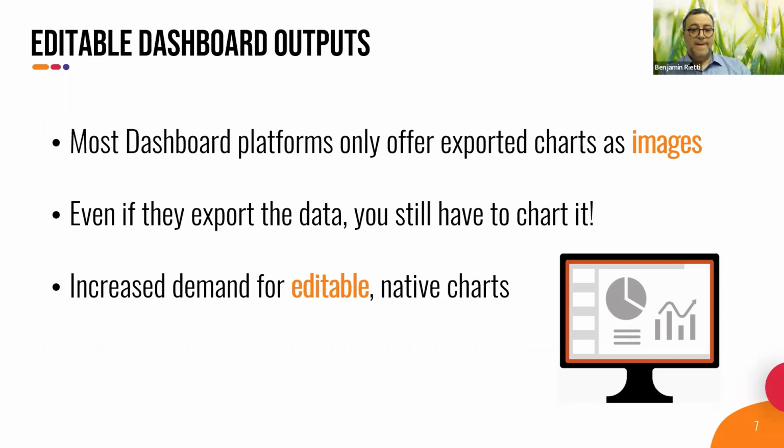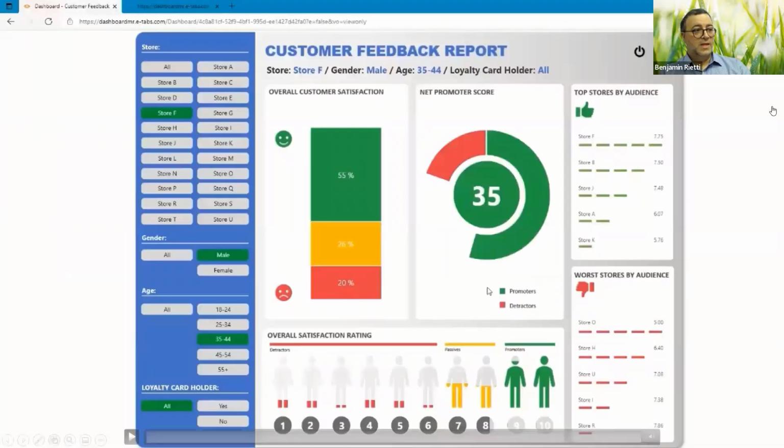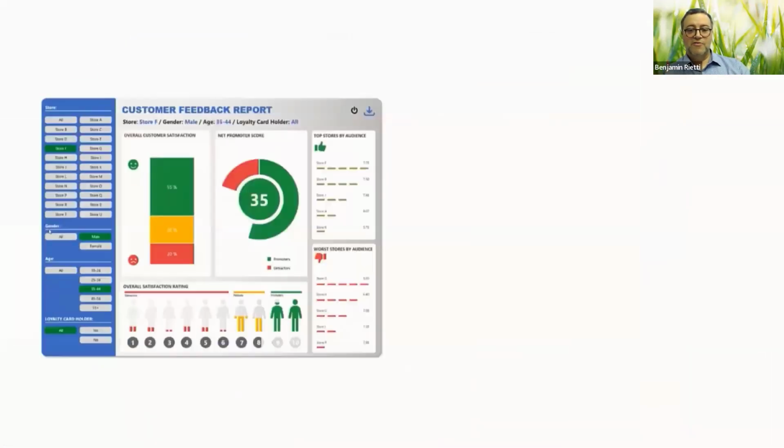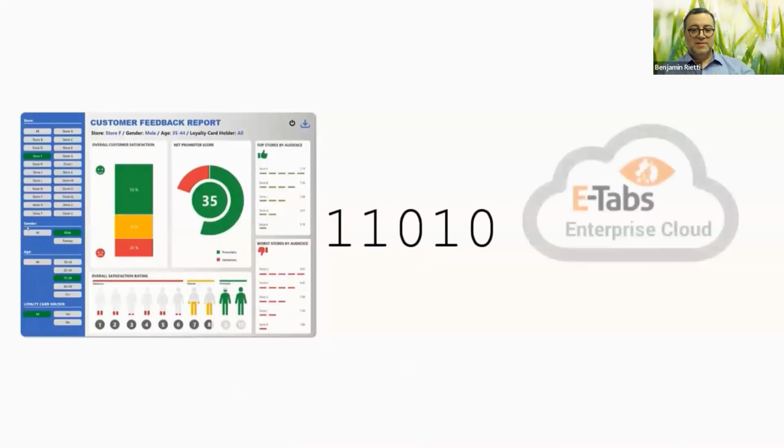Let's see that in action. I'll explain the principle behind our solution. We've developed an export function, as you can see up here, that can be integrated within an existing dashboard. And click the export button now. When clicked on, this exporter sends a data packet containing the currently visible data over to our cloud server.